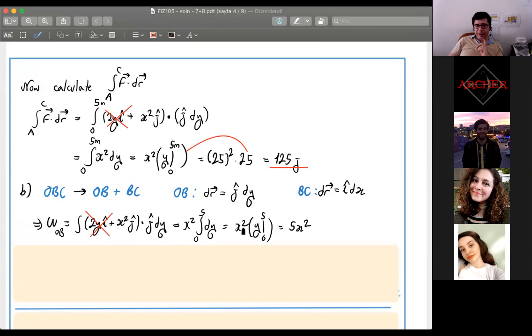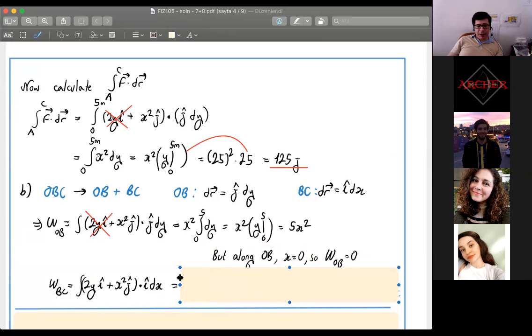So this integral is 5x squared. However, x is 0 in that part from O to B, okay? Because we are moving exactly along the vertical axis. So that integral is 0. Work done is 0. The next part from B to C, we have this integral. i dot j is 0.